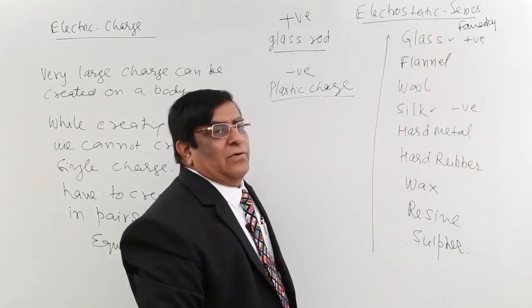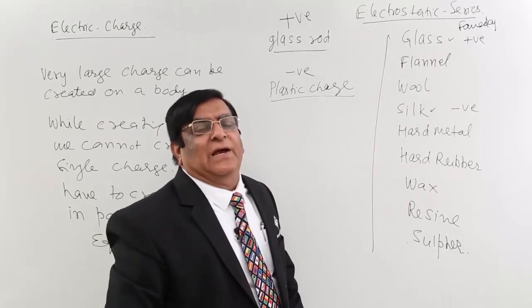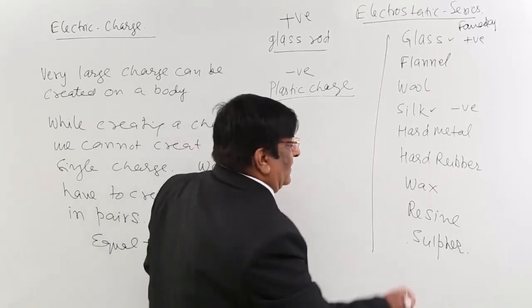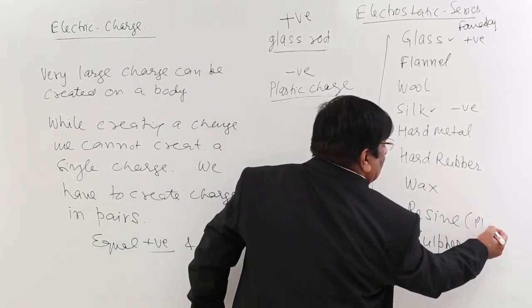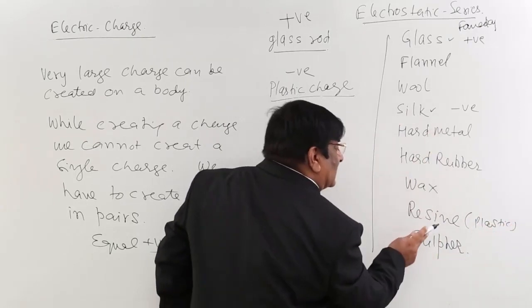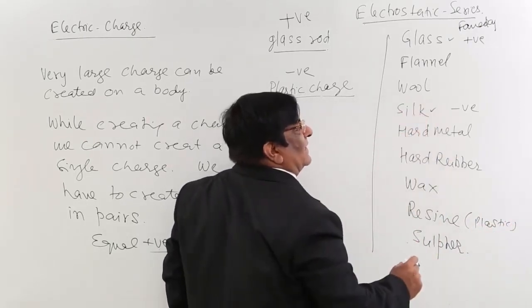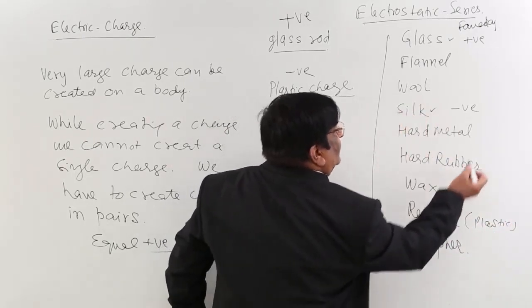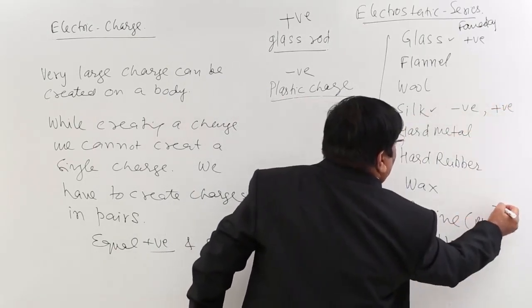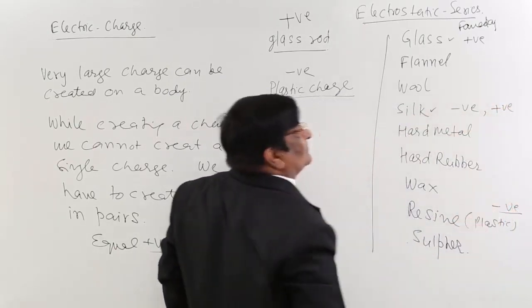Now I take another sample of silk and rub it with plastic. Plastic is where? This resin. Resin means plastic. Plastic is lower and silk is higher. So when silk and plastic are rubbed together, silk will become positive and resin will become negative.